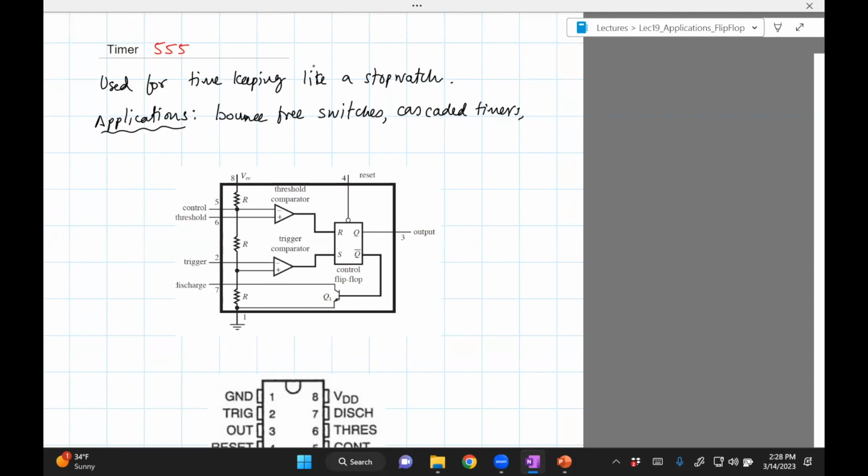Frequency. Dividers. Oscillators. LED flashes and so on.